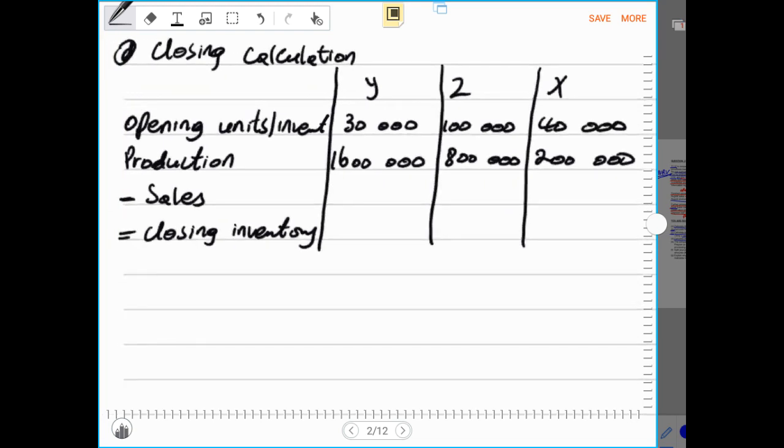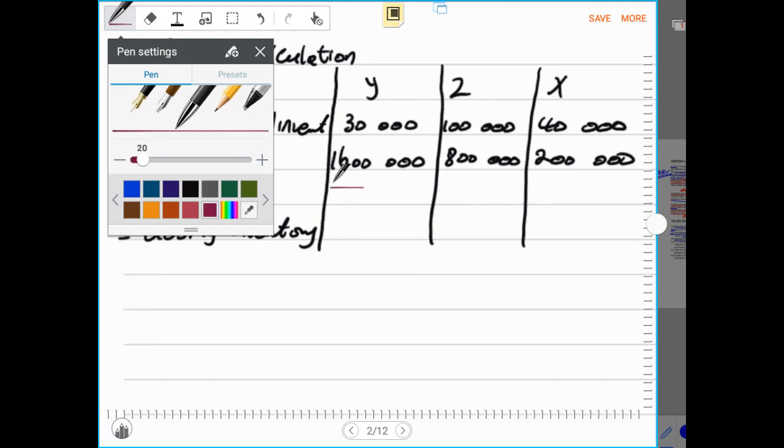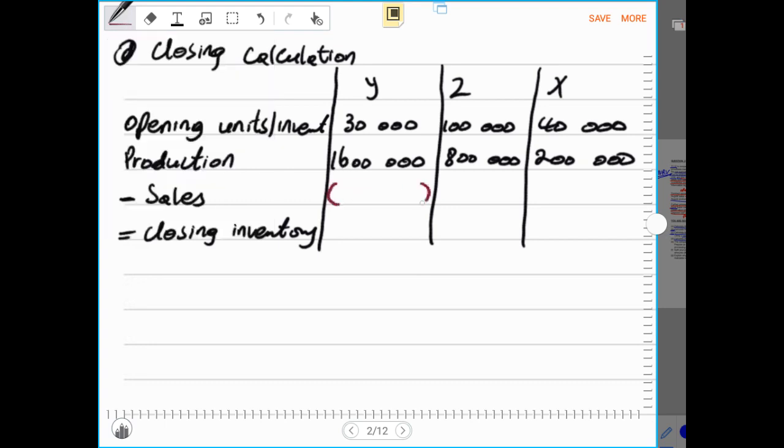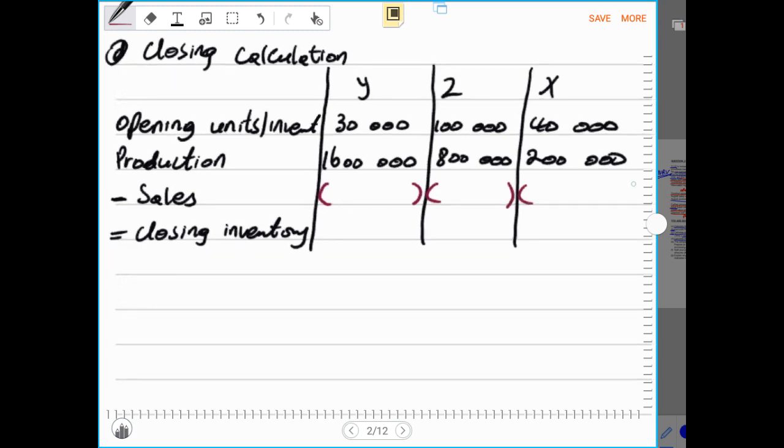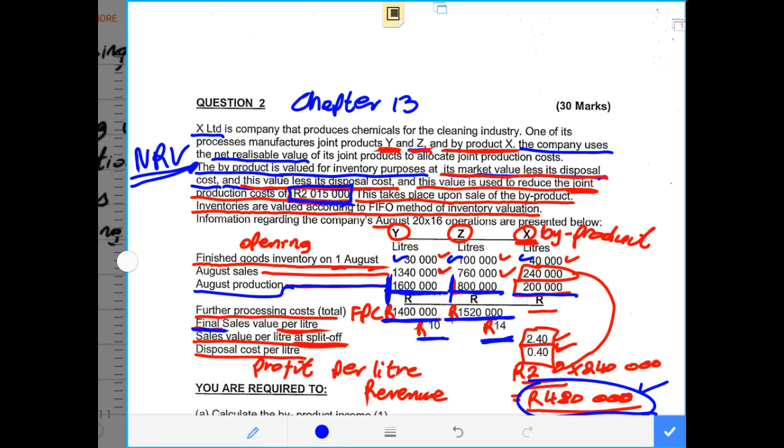Then we have to minus the units that were sold so that we get to know how many units would have been left by the end of the period, which is our closing inventory. So now our sales for the month of August: the company sold 1,340,000, 760,000, and 240,000.